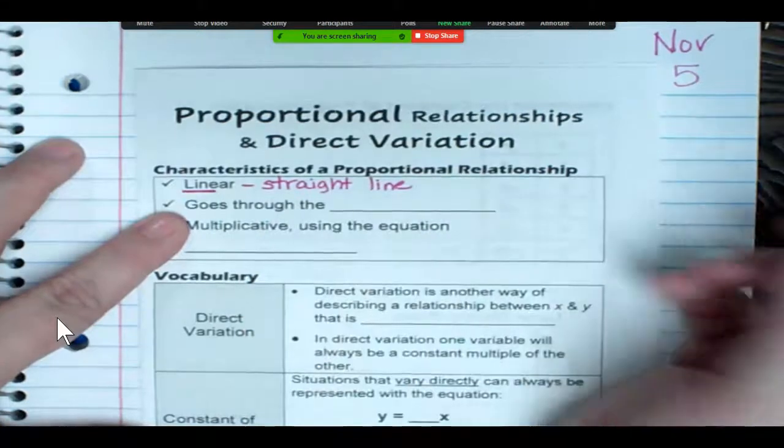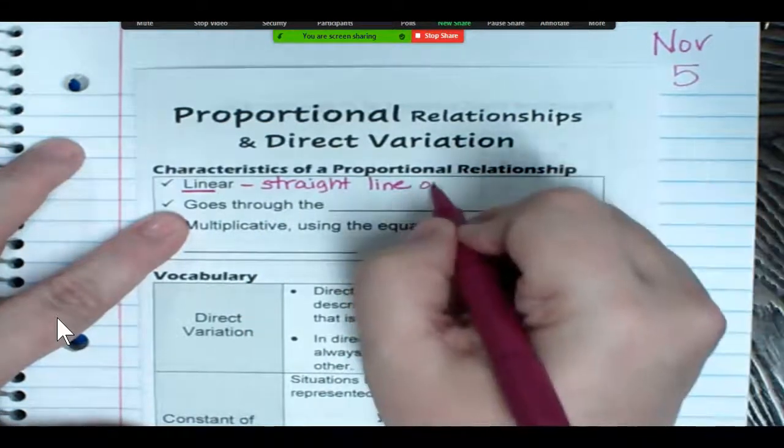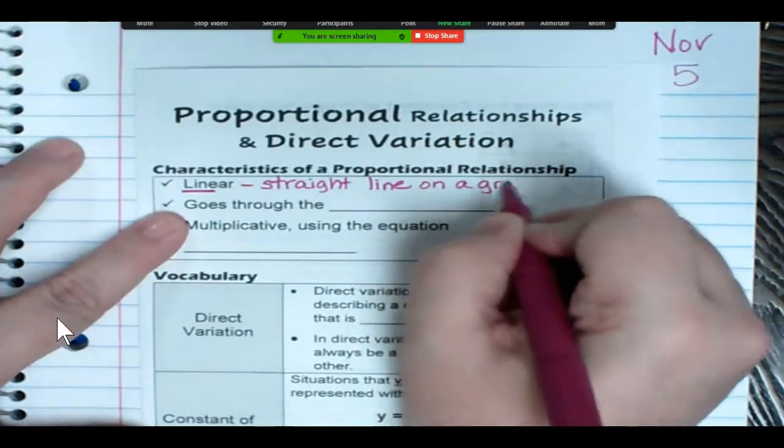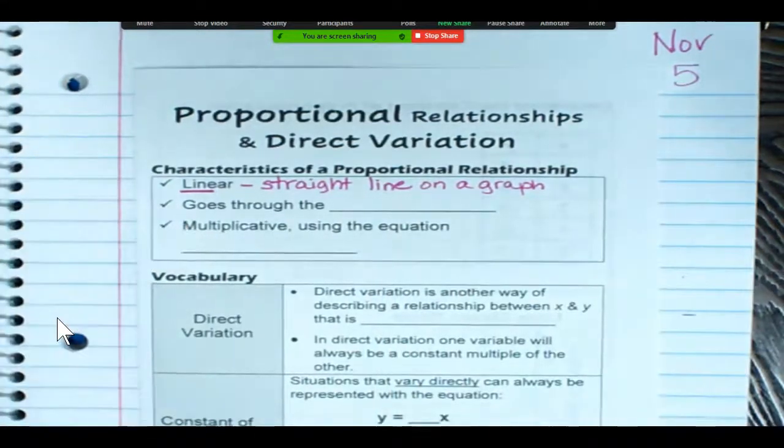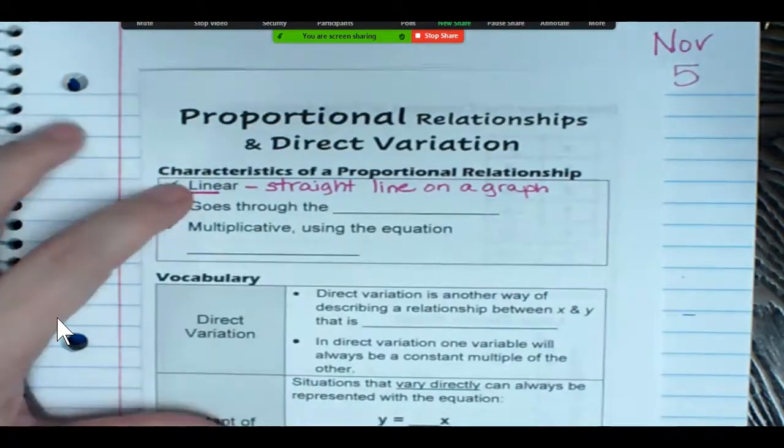And specifically in our case, we're talking about when it's on a graph. Remember how functions, they could be curvy, they could be a V. Well, in a linear relationship, it's just a straight line. Whichever way that line goes, it's one straight line. That means it is linear.